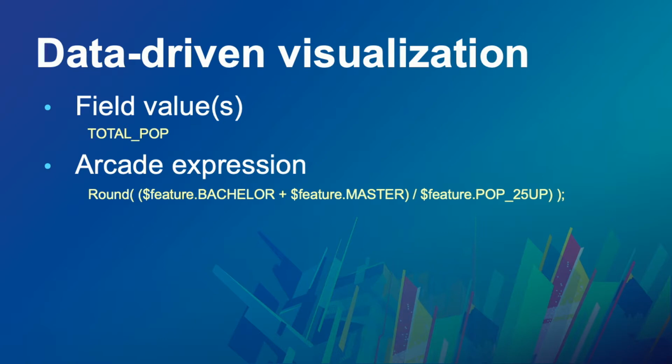And so this is an example of, say you have different educational attainment variables. So the number of people who completed a bachelor's degree or a master's or PhD, but you really want to just visualize what's the percentage of the population that completed college. But you have it broken up into multiple fields, so add them together in the expression, divide by the population, and you can get a value instead of calculating that in the service.